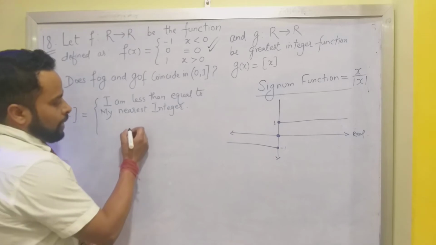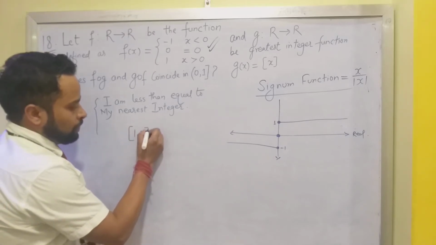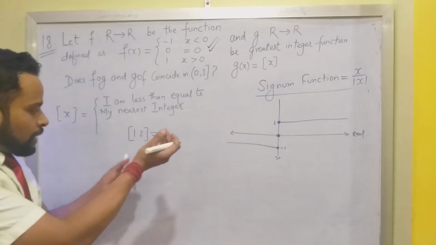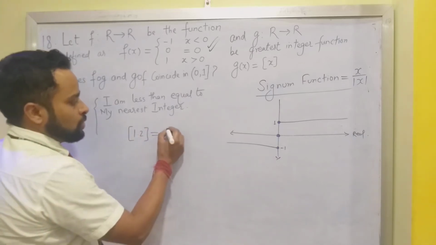Means what? If I find the greatest integer of 1.2, I have to make it less than this number but an integer. So it is 1.